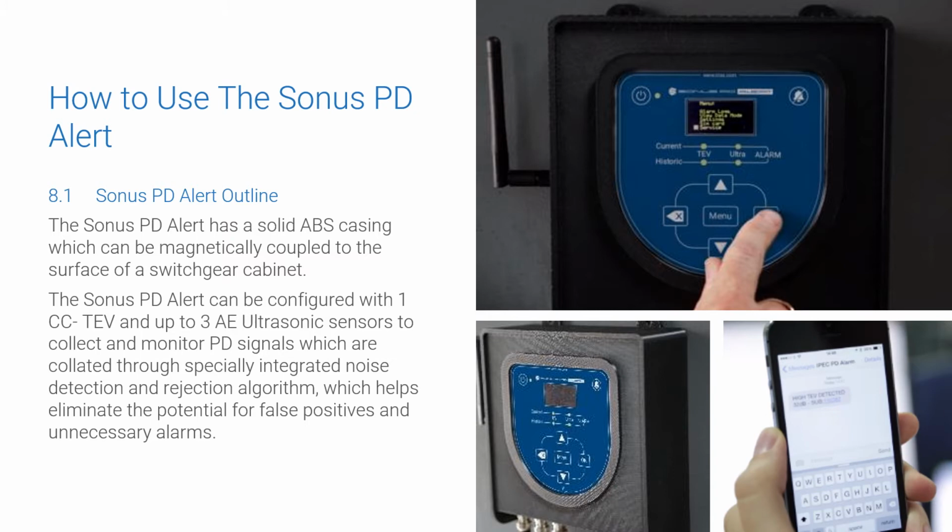The Sonos PD Alert has a solid ABS casing which can be magnetically coupled to the surface of a switchgear cabinet. The Sonos PD Alert can be configured with one capacitive coupler TEV sensor and up to 3 AE ultrasonic sensors to collect and monitor PD signals, which are collated through the specially integrated noise detection and rejection algorithm, which helps eliminate the potential for false positives and unnecessary alarms.